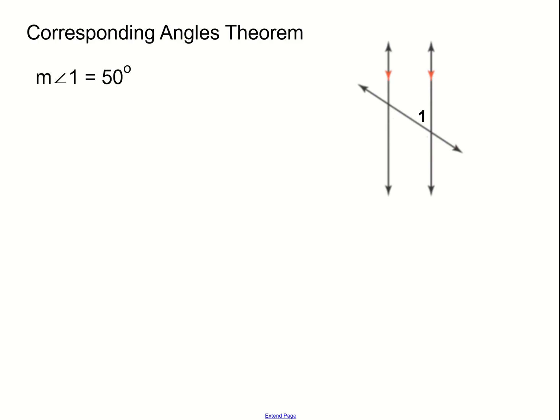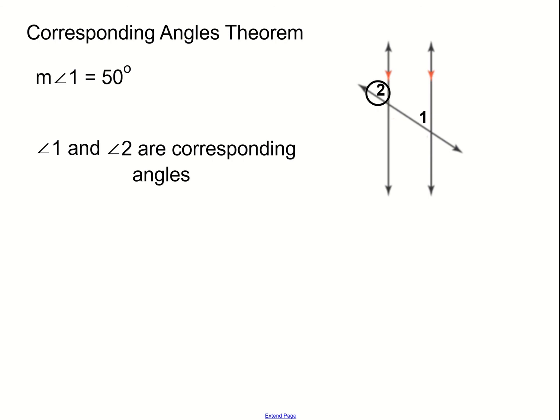All right, so let's look at an example. So let's say we have a setup that looks like this. Well, we have our two parallel lines here. We have our transversal cutting in this direction. And so this is angle 1. And so let's suppose that this is angle 2. Well, in that case, if that's angle 2 and angle 1, well, those are corresponding angles.